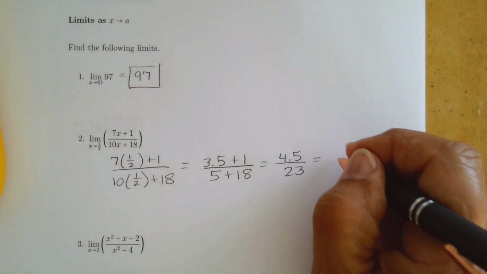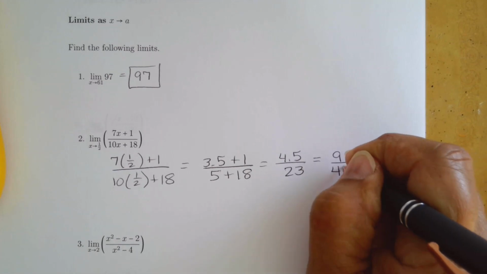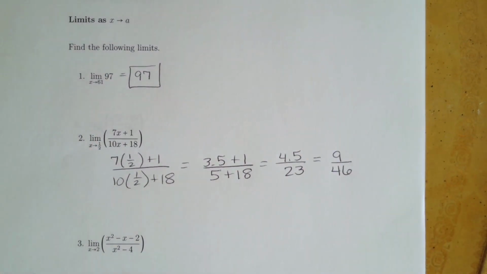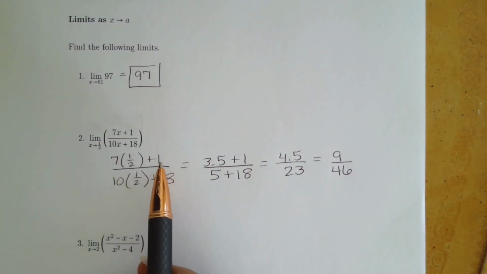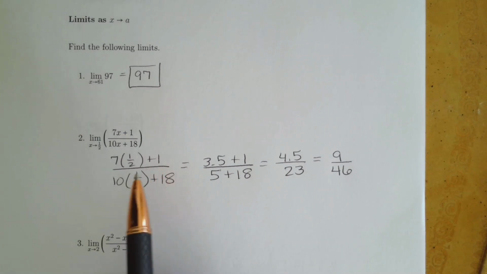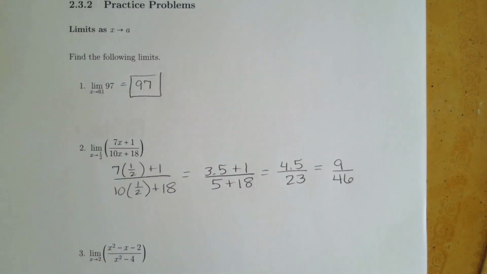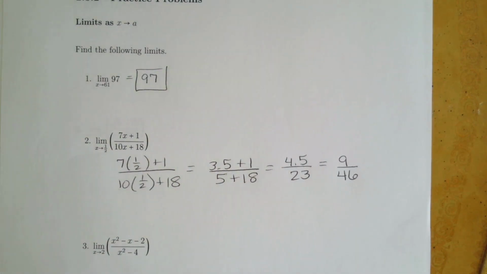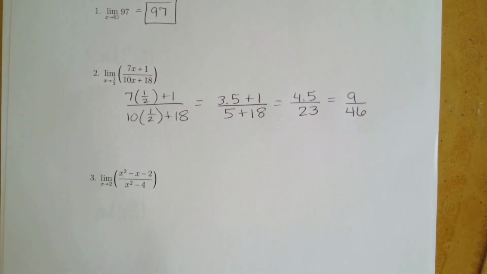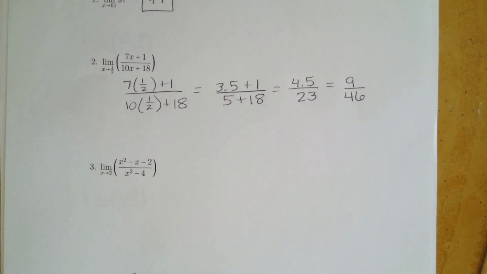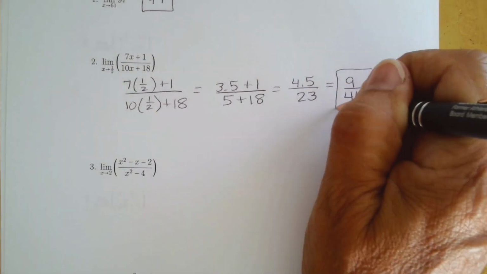Now you could have left this as 7 halves plus 1 and worked it out as fractions, but I know typically a lot of you guys don't like fractions, so it's fine to use your calculator. It's fine to need help on that, but you don't need to get it wrong because you don't know how to work with fractions, okay? So just make sure you know how to use your calculator. All right, so 9 over 46.